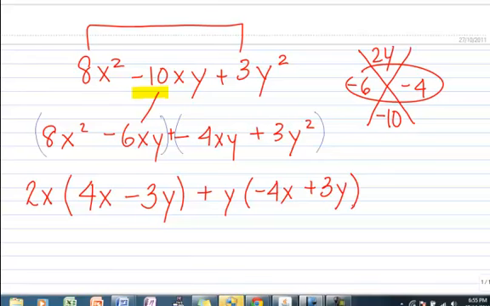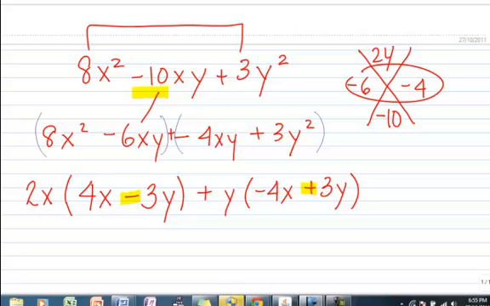Now we have to ask ourselves this question. Is it exactly the same thing? No, because this one is negative and this one is positive. And so we know that it is not the same. So we have to do something about it. In fact, we had to factor out a negative 1 somewhere.